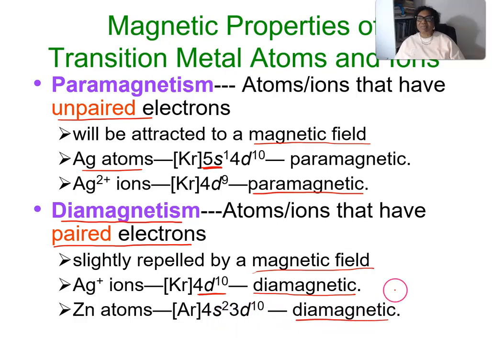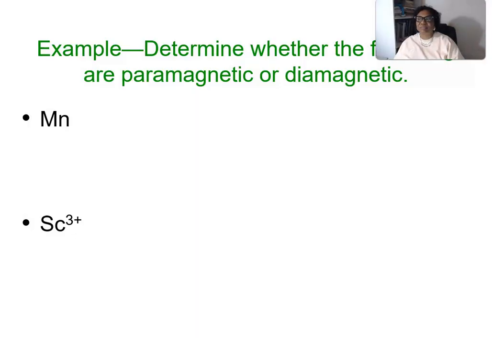It's also diamagnetic. So determine whether the following are paramagnetic or diamagnetic. When you have unpaired electrons, remember they are paramagnetic, they are attracted by a magnet. But when the electrons are paired, it is diamagnetic. They are slightly repelled by a magnet.